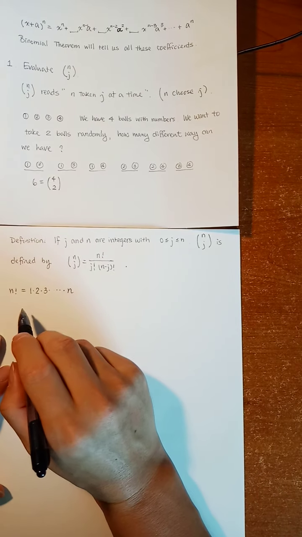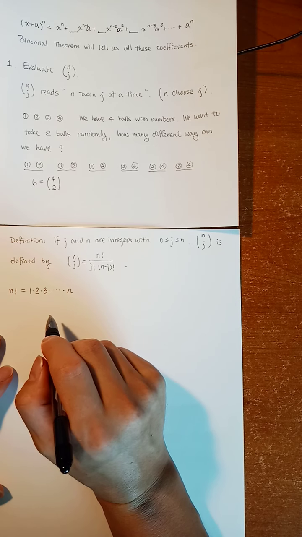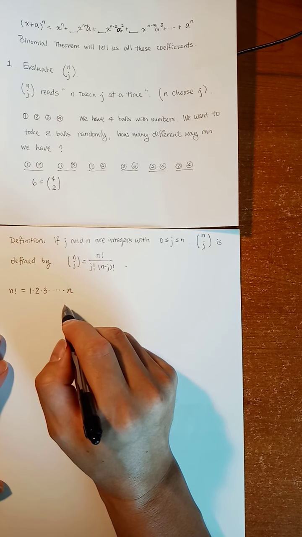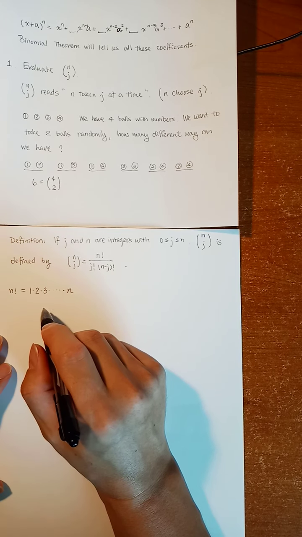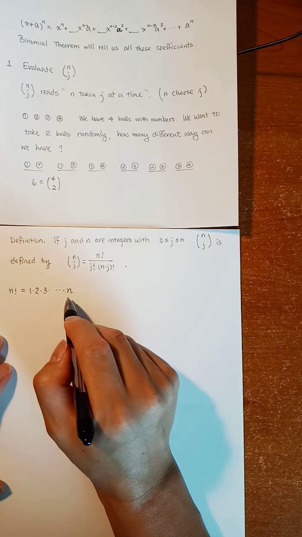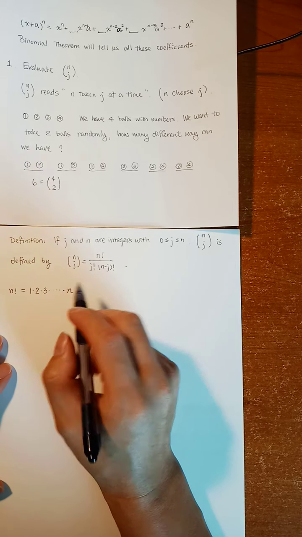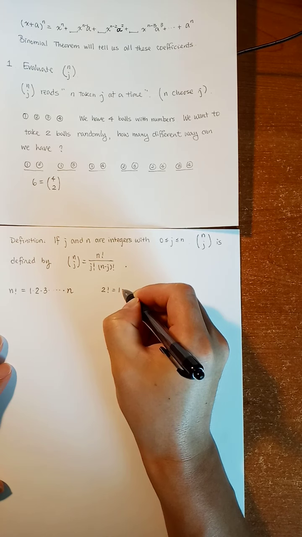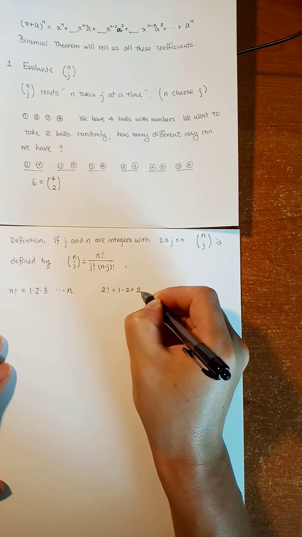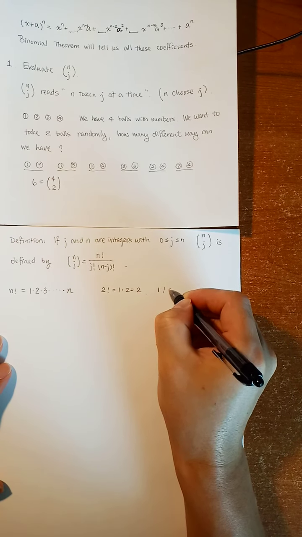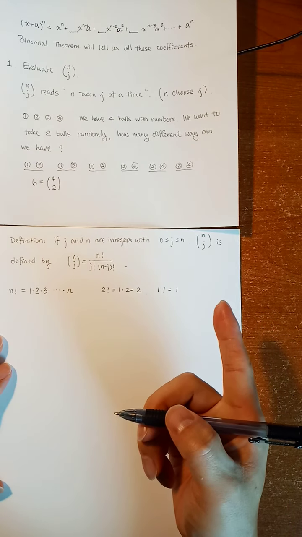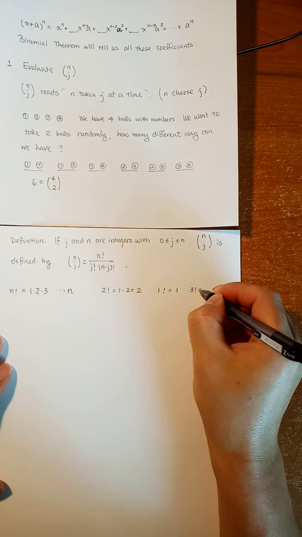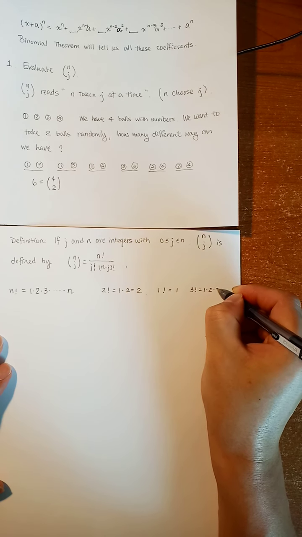So n factorial means the product of the first n natural numbers. For example, 2 factorial means 1 times 2, which is 2. And 1 factorial, we define it to be 1. You just get one number, you do not have a product. It's just 1. And 3 factorial is 1 times 2 times 3.